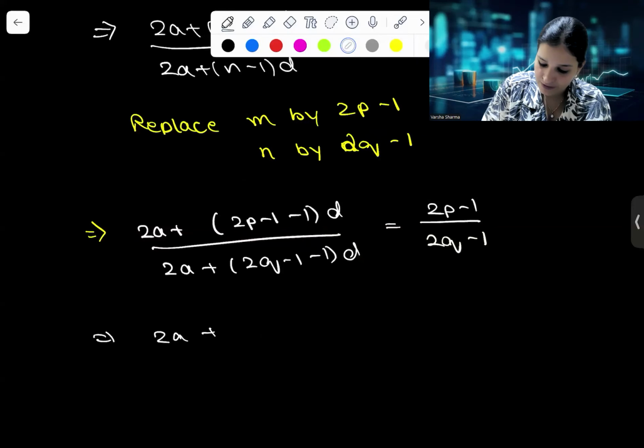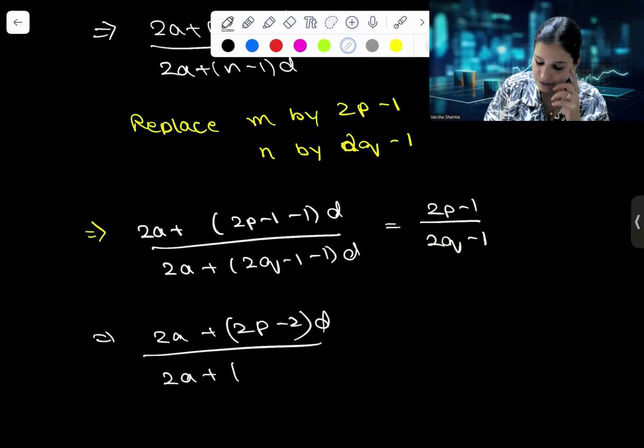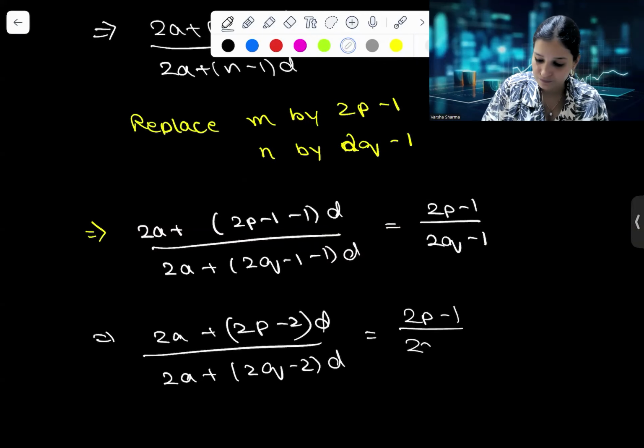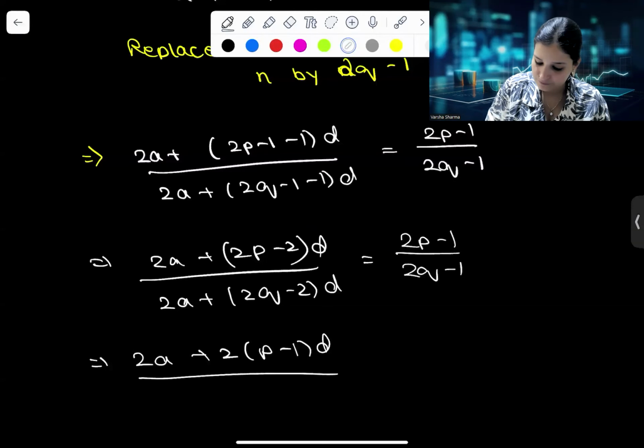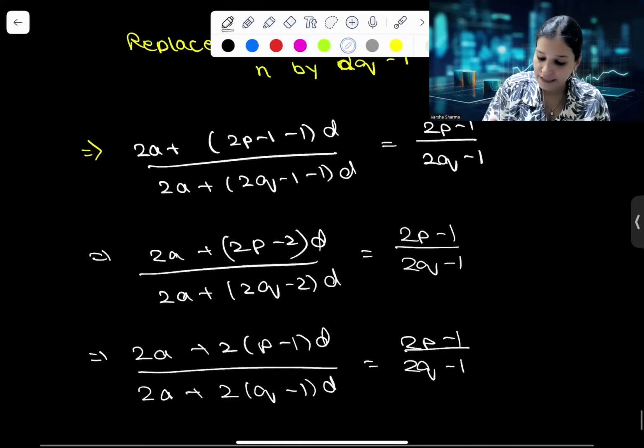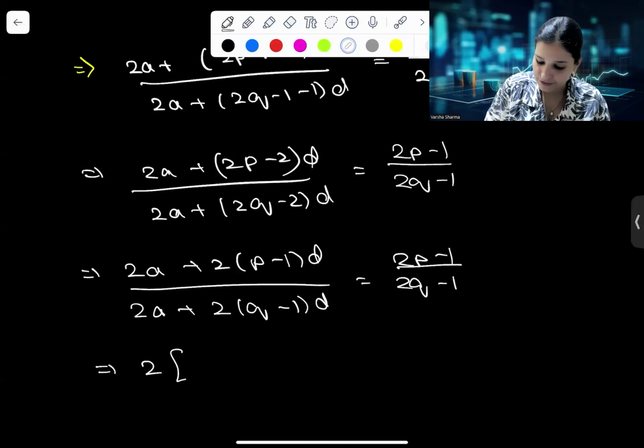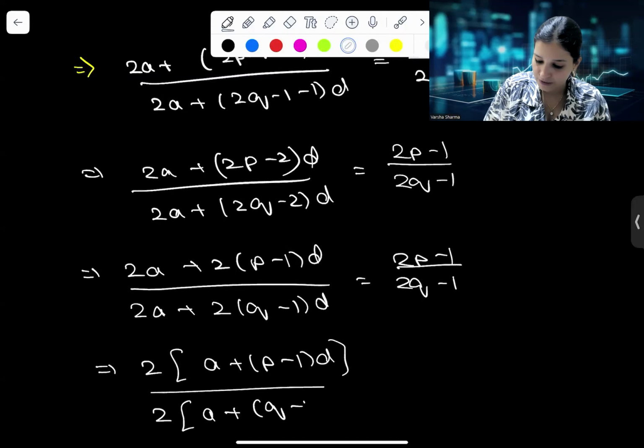Here, 2a plus 2p minus 2 d, 2a plus 2q minus 2 d. First taking 2 common from the bracket. Now, again taking 2 common from the entire numerator and 2 common from the entire denominator.